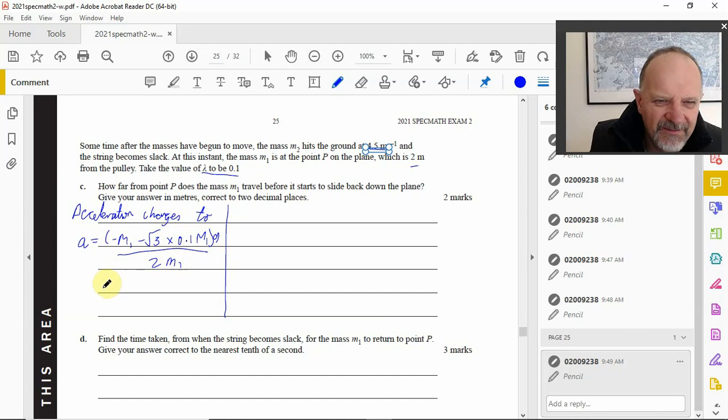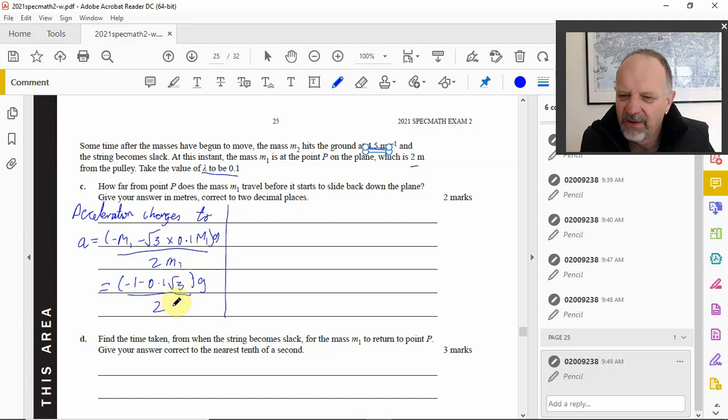All right, so our acceleration then would be negative, because mass 1 can come out as a common factor and cancel with the m1 on the bottom. So minus 1 minus 0.1 root 3 g all over 2 is now our acceleration.